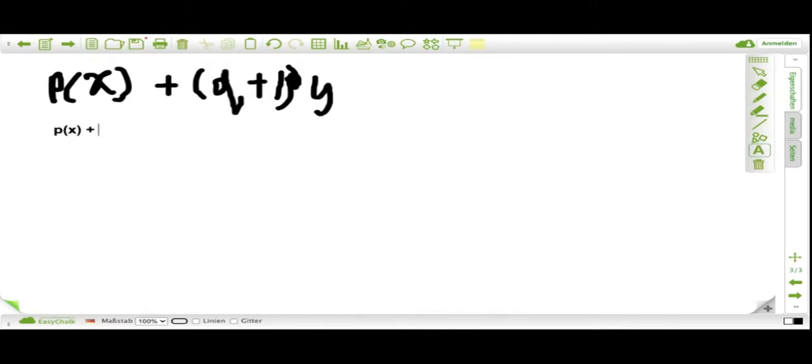So once again, if p of x is added to q plus 1 of y, then it will be equal to... you have to use this formula vn minus vm if you have to factorize this.